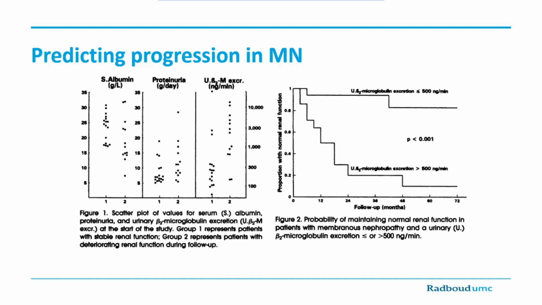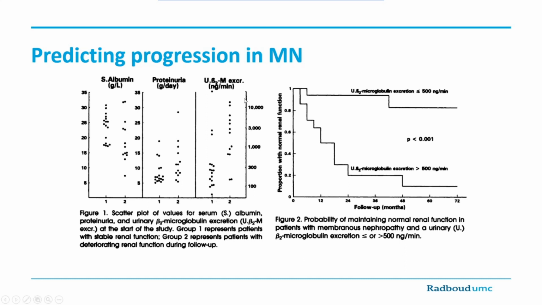And as you see, here we have a plot where we can see that the level of serum albumin does not really discriminate between the people with a stable kidney function in group 1 and people with progressive renal disease in group 2. Neither does proteinuria.